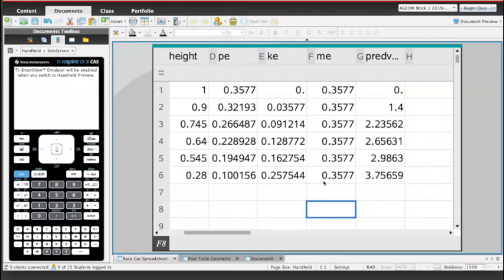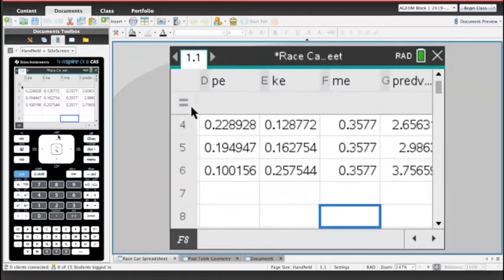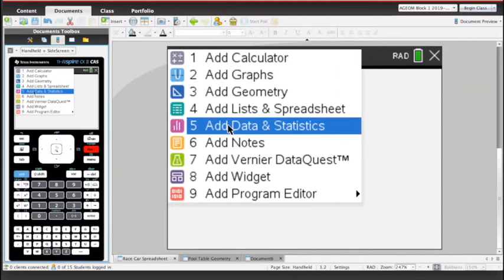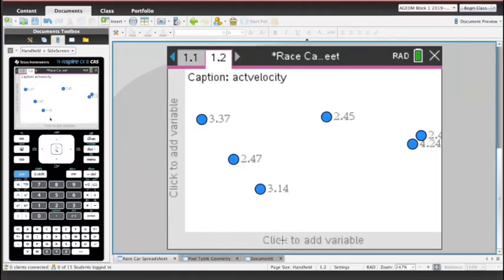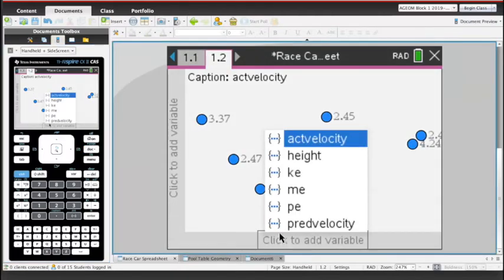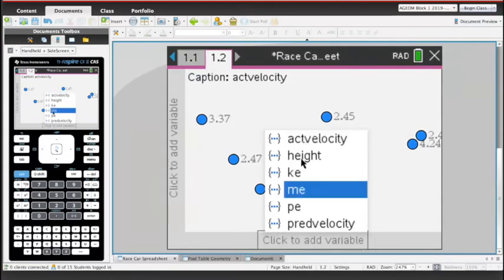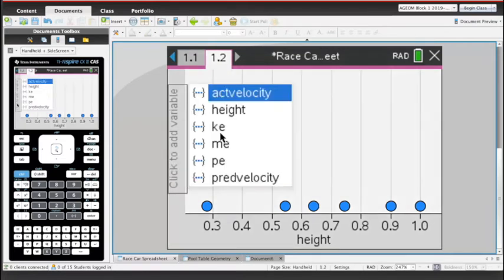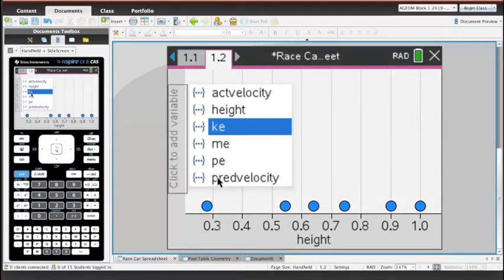So the great thing about this, and I'm going to switch back over to handheld, is now we get the chance to actually see how this looks. So if we add a new page and go to data and statistics, what I'd love to see is for every one of those times, or every one of those heights, then let's go ahead and look at our velocities.